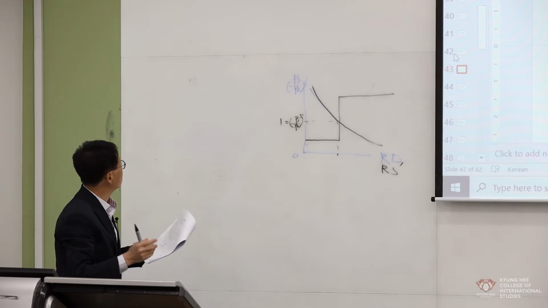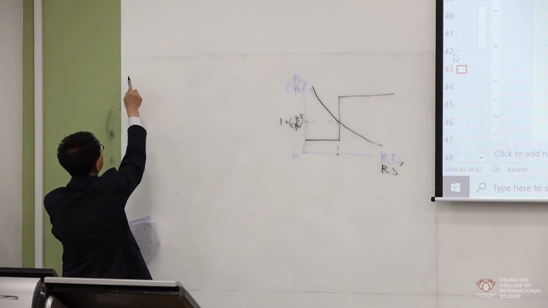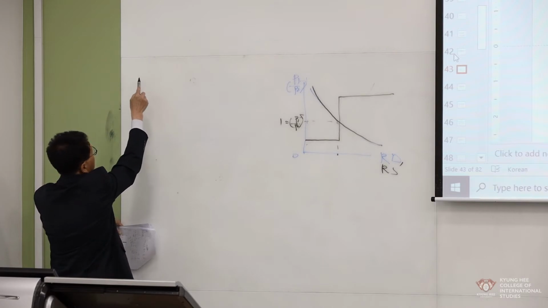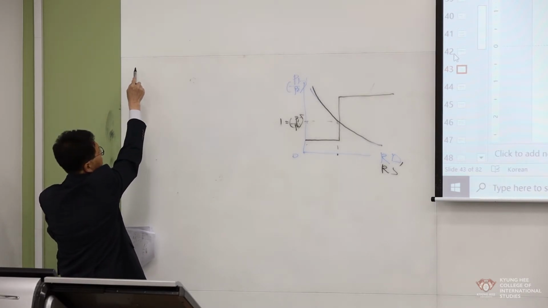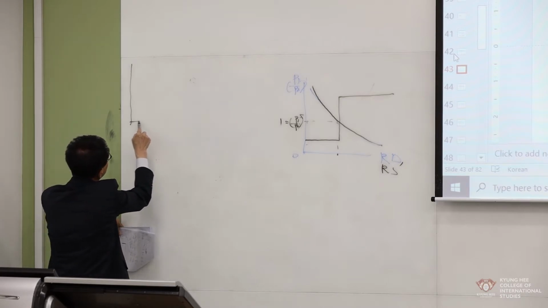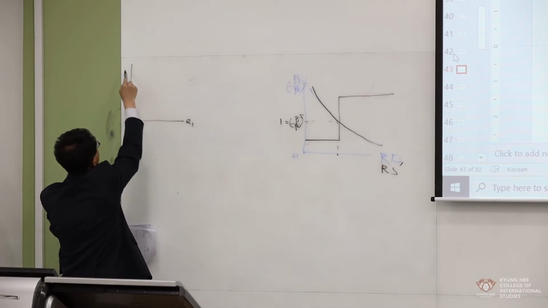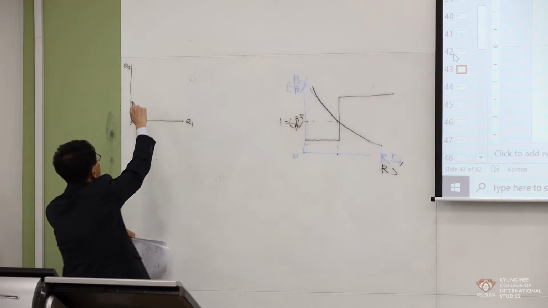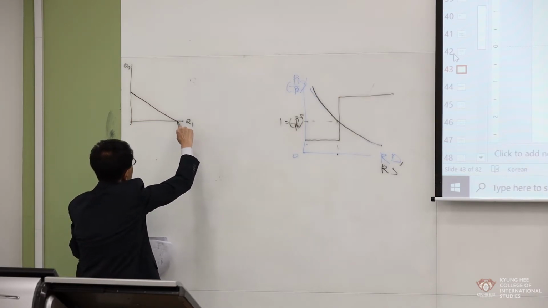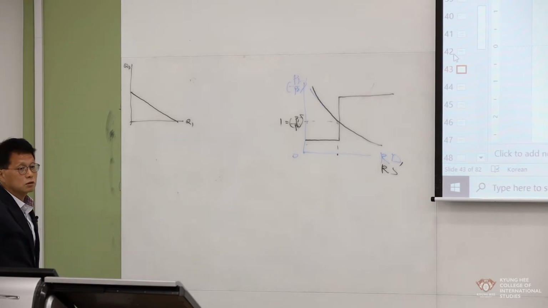Right? In the earlier numerical example, for the home country, in the Q1, Q2 diagram, the production possibility frontier was shaped like this. That is the production possibility frontier in the home country.